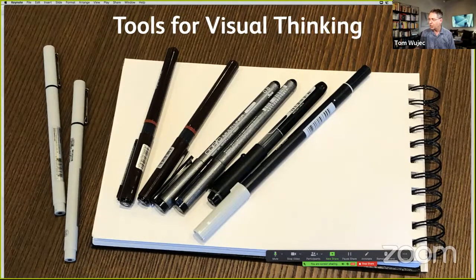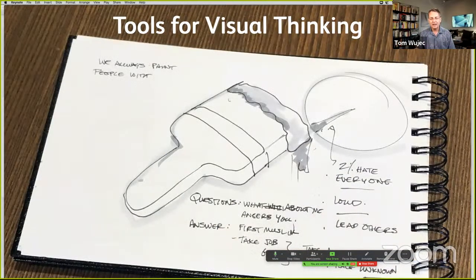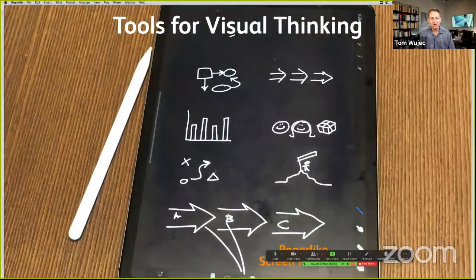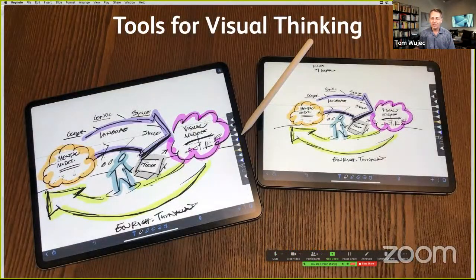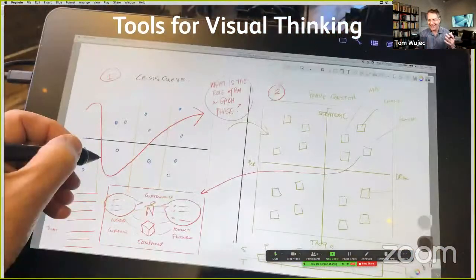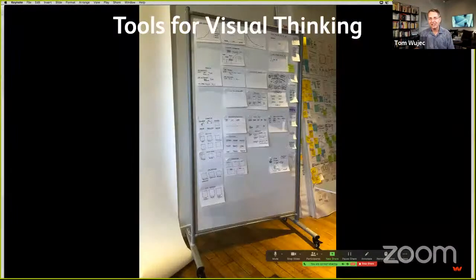Get some really good markers, blank journals, and do some doodling and do some drawing. And get a tablet or 2 or 3 or 10 in my case, maybe more, and just practice visual thinking. The more you practice, the better you'll become.